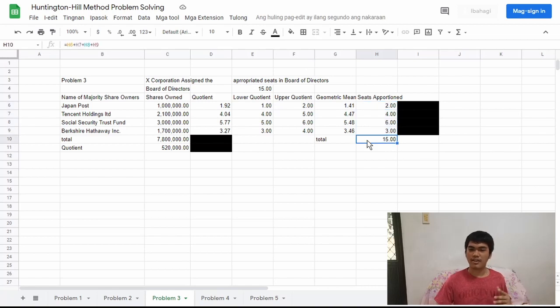So if you add all of that, it will be 15. So it is correct. 15 appropriated seats, 15 in the total computation. So next problem.